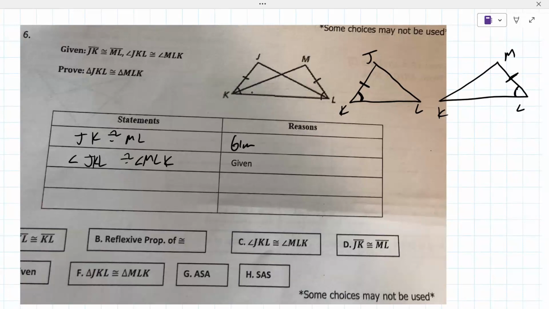What is next? What comes next? If you're not sure, go down and look at these, or what do you see in the drawing?